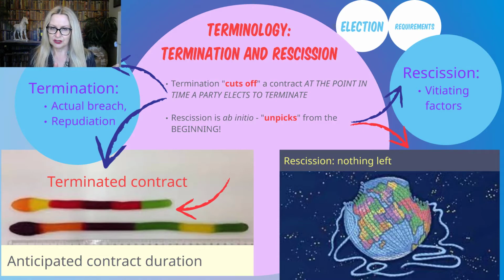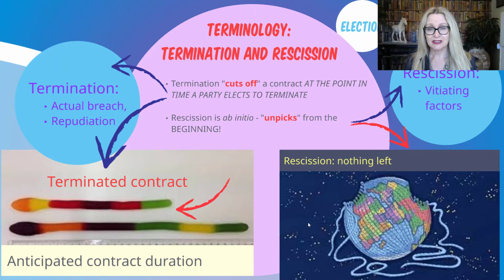All of those good parts there that are left will stay on foot, but everything from the point of termination onwards is extinguished between the parties. There's discharge between the parties. They have no further contractual obligations to each other from that point onwards.